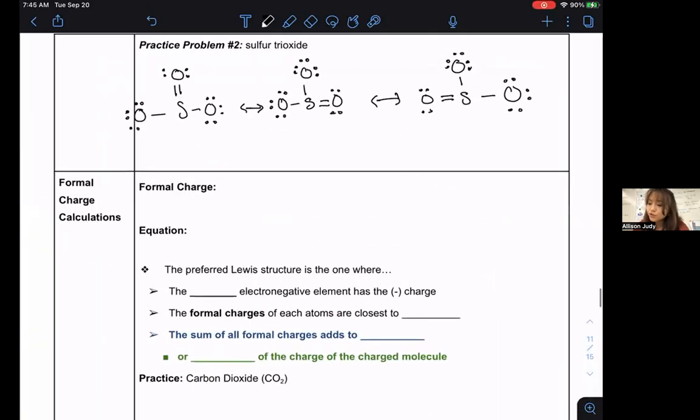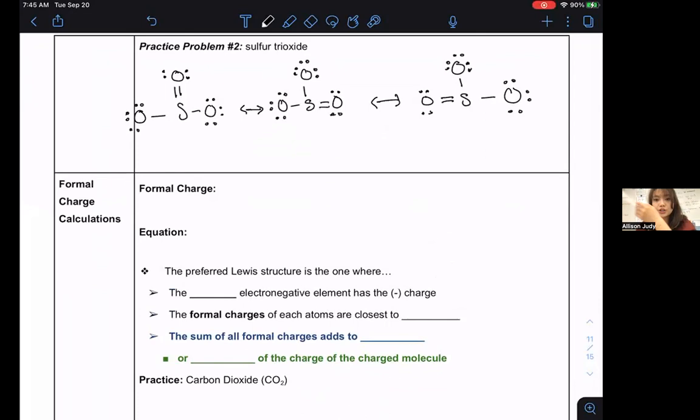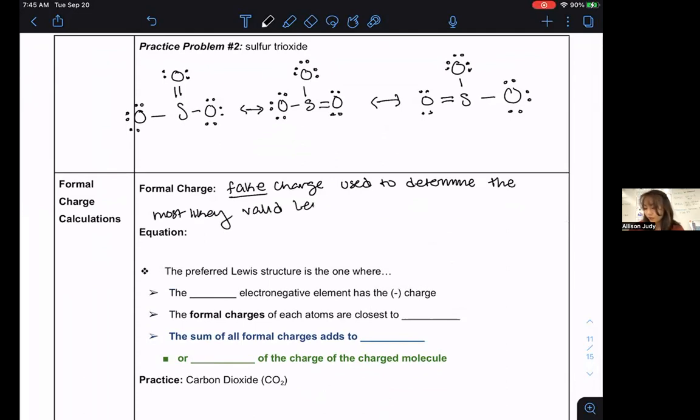Formal charge is, once you've identified various resonance structures, various Lewis structures that are technically valid, what we do is we assign this charge, which is totally a fake charge, used to determine the most likely valid Lewis structure, or another way of putting it, the most valid resonance structure, okay?